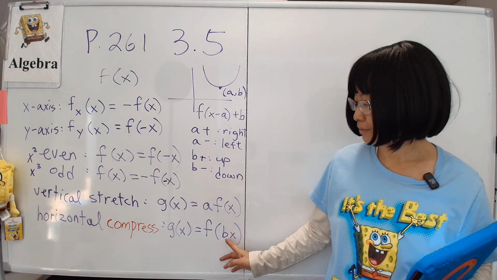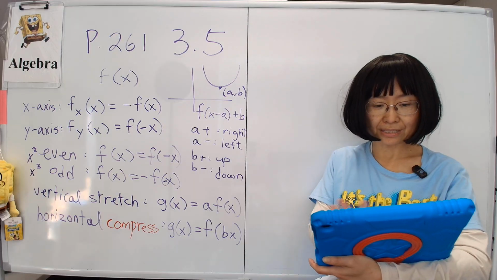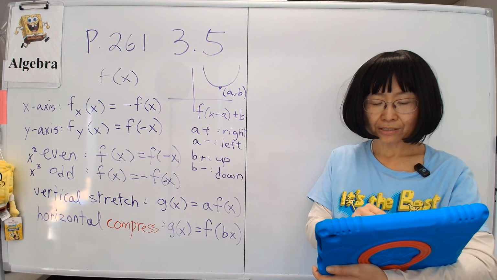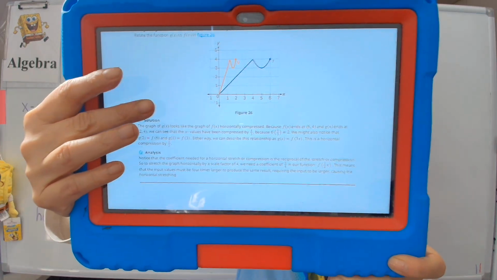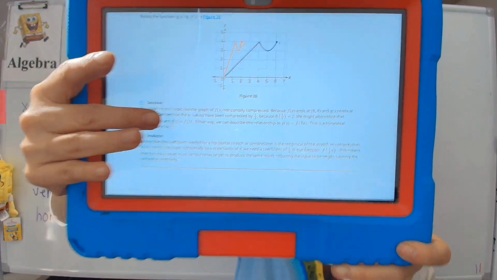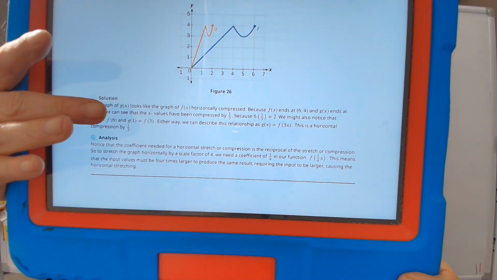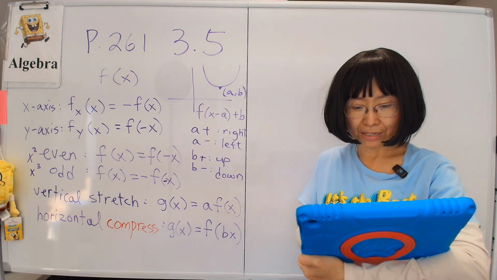And the bigger the b is, the more you're squeezing it together, like in our previous example. For f to be compressed into g like this, g is actually equal to f of 3x. So that is just how it works out, and we'll see more of that in a moment.